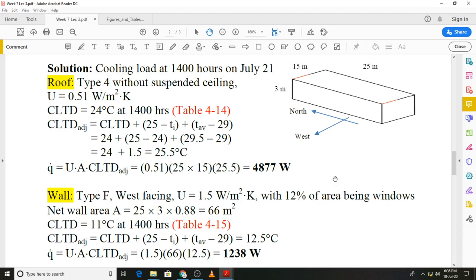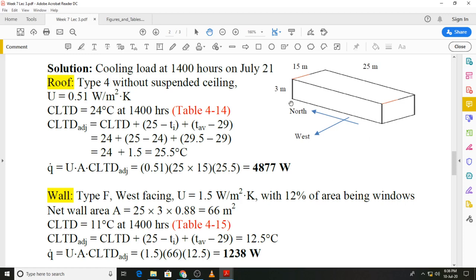The next part of the exterior heat gain is from the wall, and again the U value for the wall is given, and we are told that it is type F and it's a west facing wall. You will see that we need the orientation for the wall as well, and that is, it's a west facing wall.